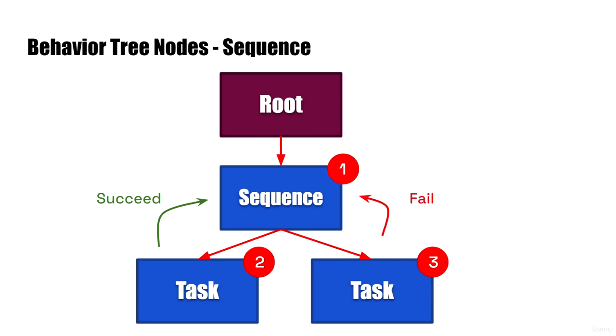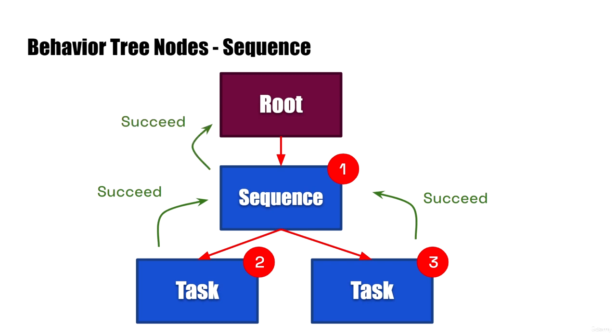Now, if that child node fails, well, now the sequence has reached a failure, at which point it can return that failure information back to the root, and the root can start over again. Now, let's say that task succeeds. Well, then all of the sequence's child tasks have succeeded, at which point the sequence can return that success information to the root. And now we can say that the sequence has succeeded, and the root is ready to start over.